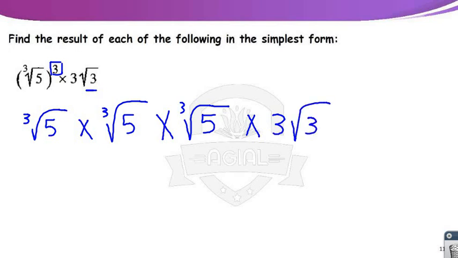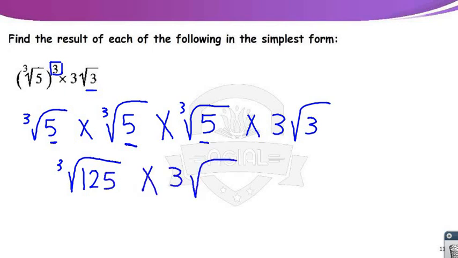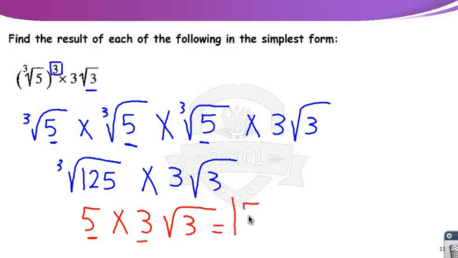So the cube root of 5 multiply 5 multiply 5 is the cube root of 125 by 3 square root of 3. The cube root of 125 will be 5, by 3 square root of 3. So we multiply 5 multiply 3, it will be 15 square root of 3. So this is the result.